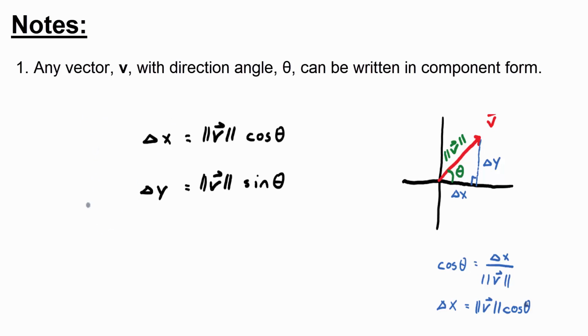So by the way, if you wanted to write the vector in component form, you would say vector v has components magnitude v cosine theta, comma, magnitude v sine theta. What would it look like in ij form?